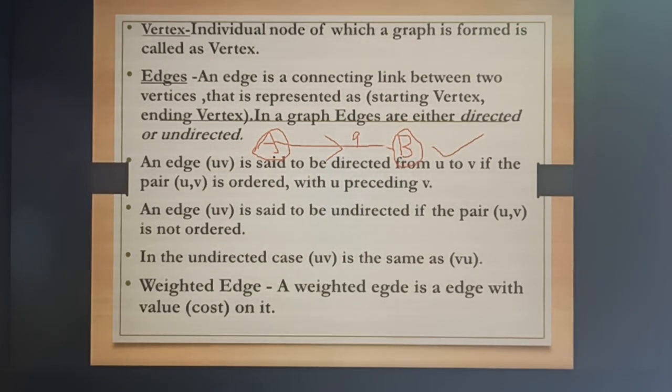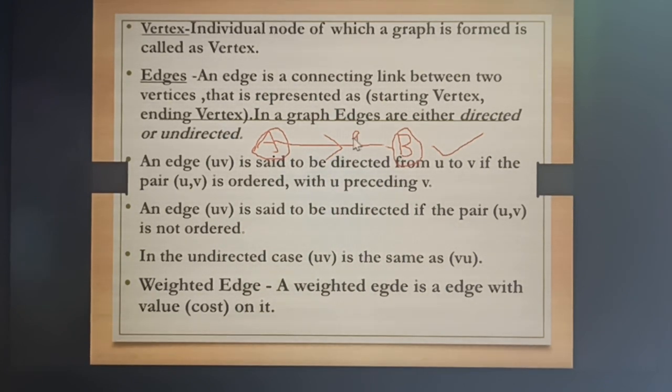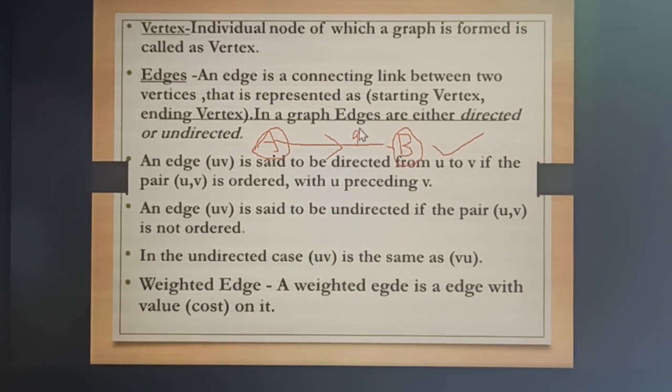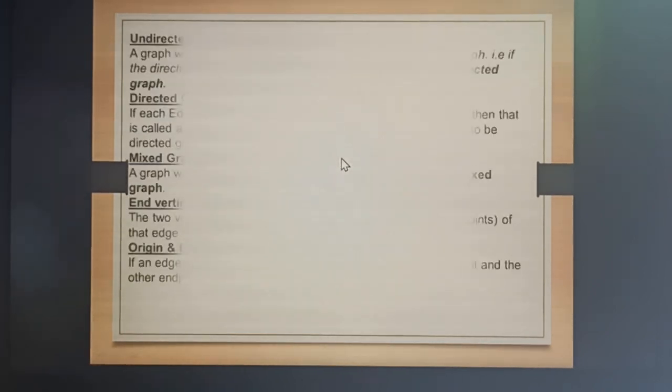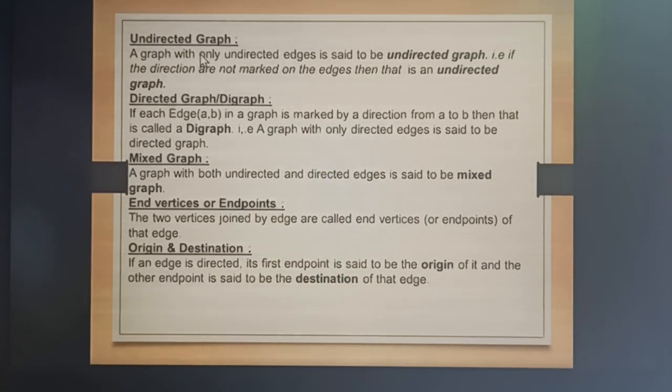Then weighted edge: a weighted edge is an edge with a value or cost on it. See in this edge AB, one value or cost is mentioned, that is 9. So this is a weighted edge. What is an undirected graph?